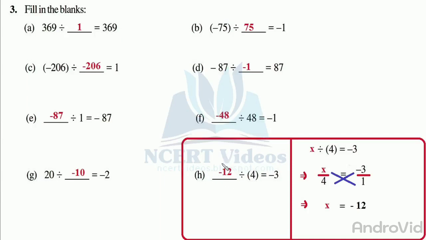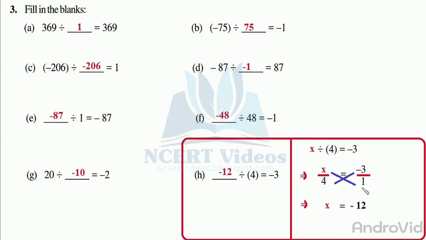You have to take the value as x. So we have taken it as x, rest write everything the same. Divided by 4 equal to minus 3. Now this means x divided by 4 equals minus 3 over 1. In the long way, wherever there's nothing written, it means the denominator is 1.